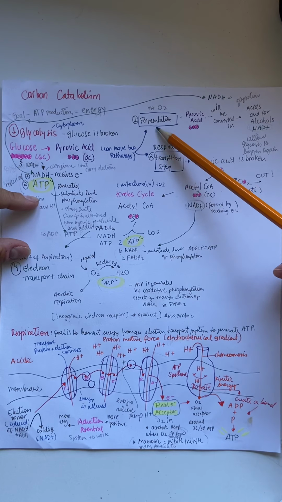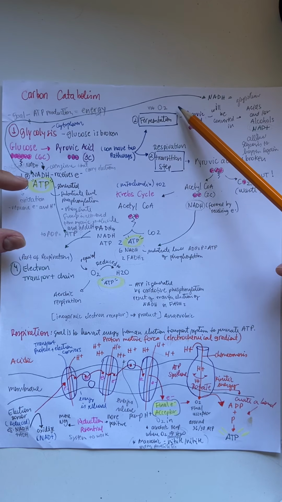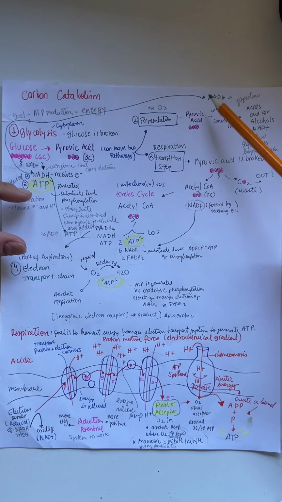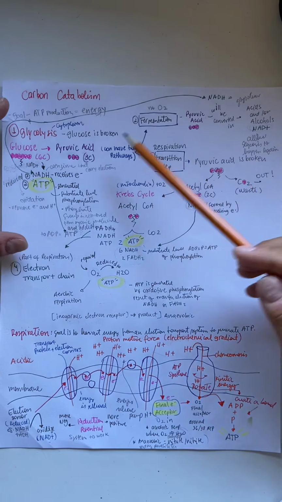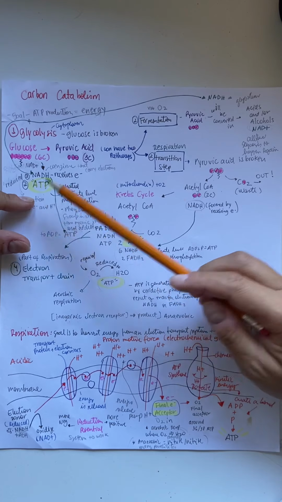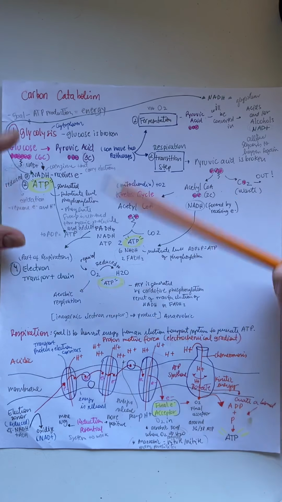It can take the fermentation route, where oxygen is not required, and then pyruvic acid will be converted into acids and/or alcohols plus NAD+.